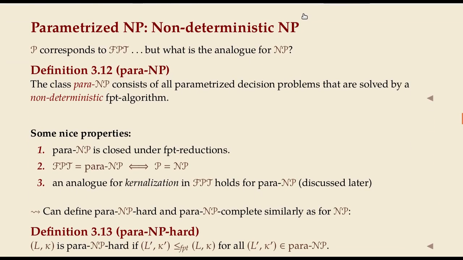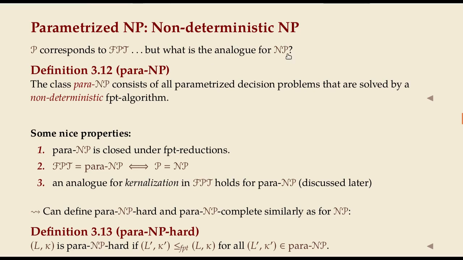Now what I will show you now is a sensible definition that looks very promising, but in the end will not work out. It will not give us a suitable candidate for a class that can play the role of NP. It will have certain properties, but in the end, not the one that we want.